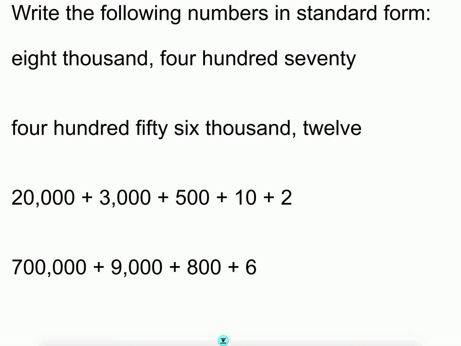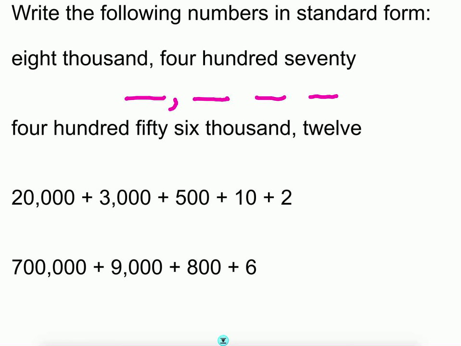So this number reads 8,470. So I know a number in the thousands place, right? We're going to need ones, tens, hundreds, thousands.